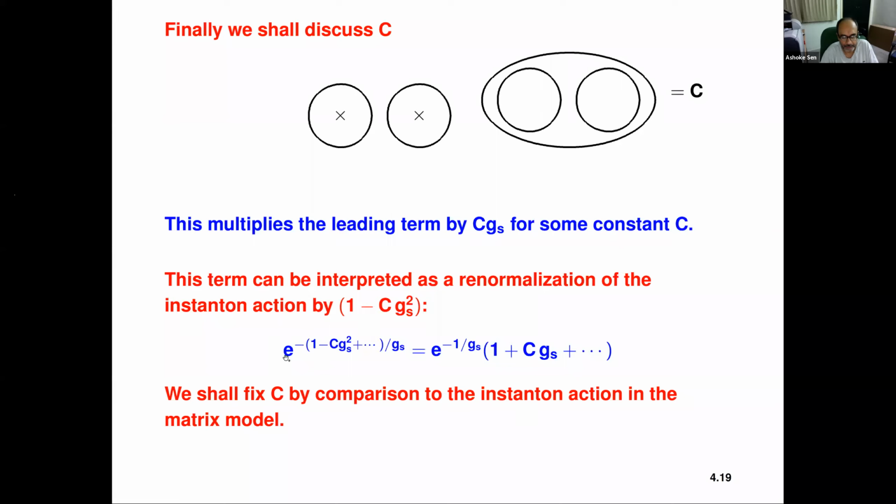Because you see, the original instanton action was 1 over G string, right? If you multiply 1 over G string by 1 minus C G_s squared, then the exponent can be expanded in powers of G string, and you get e to the minus 1 over G_s times 1 plus C G_s. So any correction of the form that we see here, okay, can be reinterpreted as if it's renormalizing the instanton action.